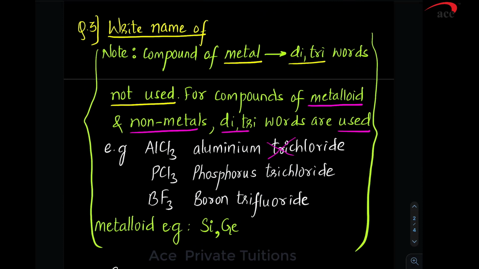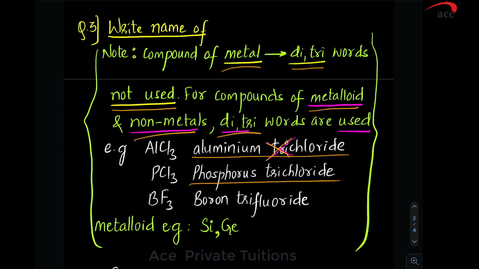Then write the name. Whenever there is a compound with a metal, the di, tri words are dropped. And if it involves a metalloid and a non-metal, the di, tri words are used. Like, all these compounds involve 3 chlorine, but the first compound gets the name aluminium chloride; the tri word is dropped. The next one is phosphorus trichloride because phosphorus and chlorine are both non-metals.